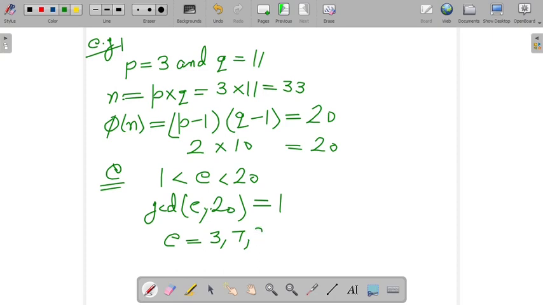Then 8, no. 9, yes. 11 you can take, 13 you can take. 14, no. 15, no. 16, no. 17, 19, choose any random number. Let's suppose E is equal to 7.